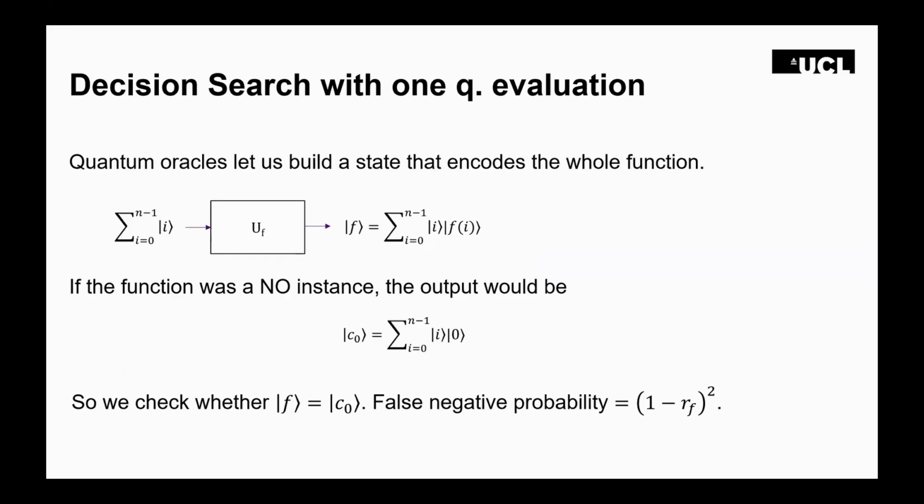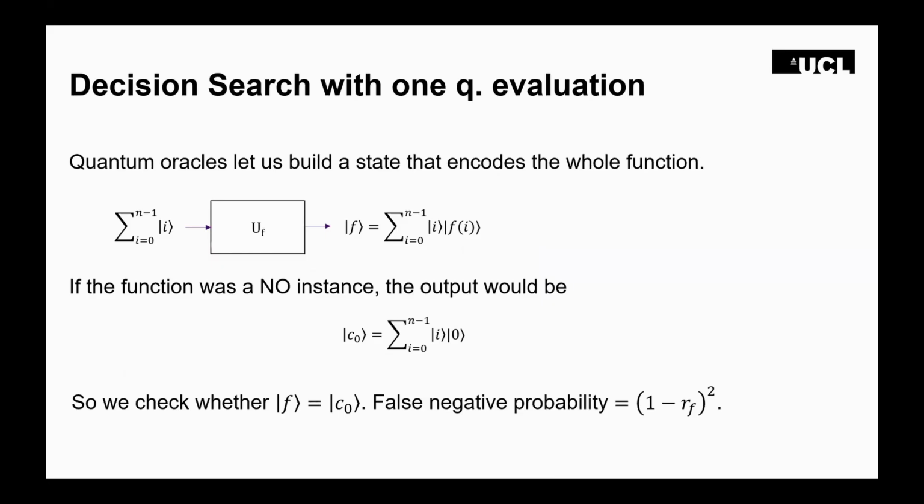If you have one evaluation to do decision search, how do you do it? The first thing to know, which will be familiar to those who have studied Deutsch Jozsa or any other quantum algorithms, is a common trick: you use the oracle, the single quantum access to the function, to prepare the state which encodes the function as a whole.